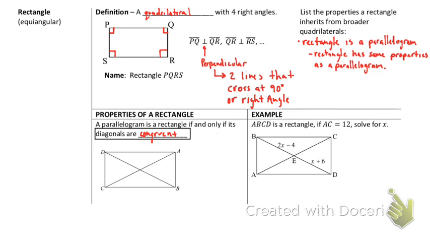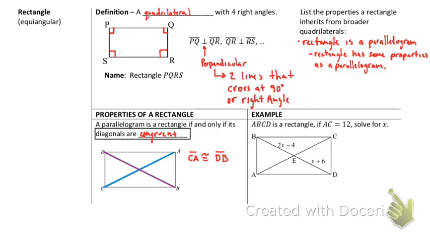So in other words, CA has the congruent measure, or the same measure, as DB. Okay, so how do I use this?